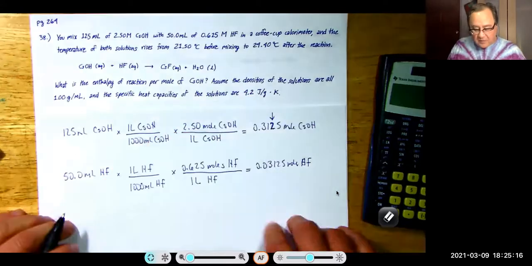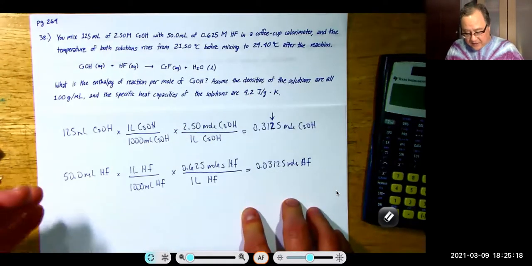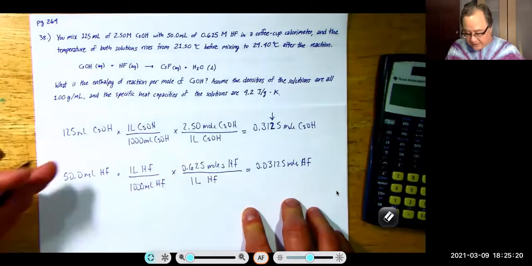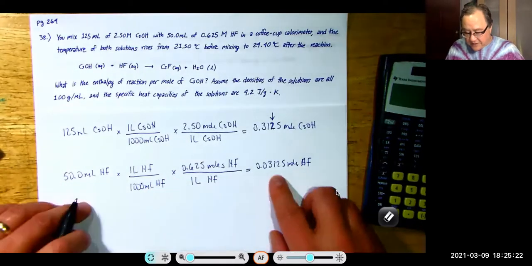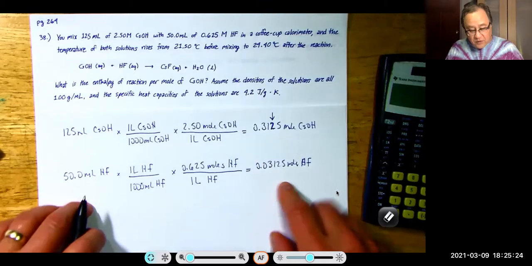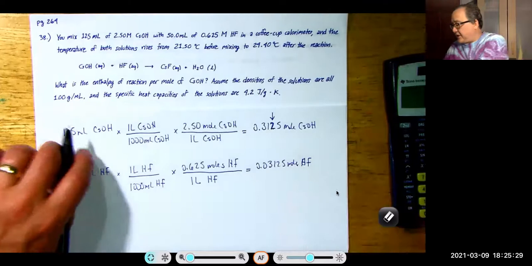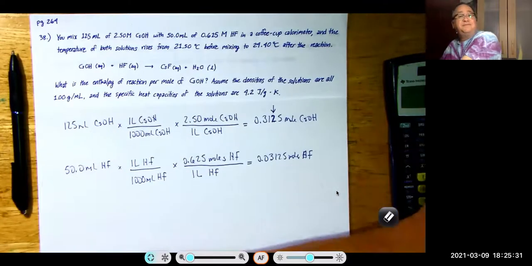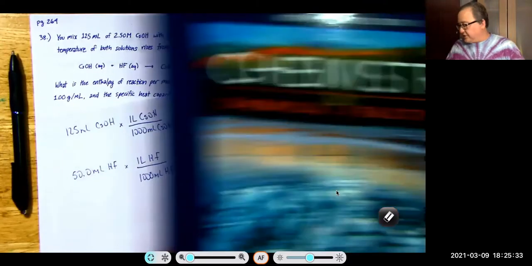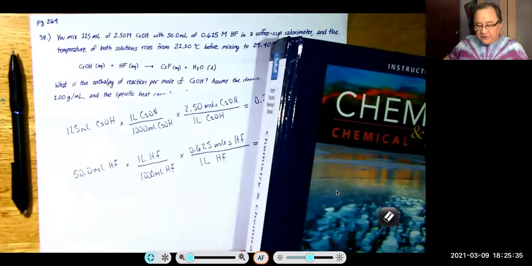Now, when I look at a problem like this and I see the big differences between the amounts that are being used, it makes me wonder if this problem was written correctly. So let's take a quick look in the book and find out. So this is number 38 on page 264. It's easy to find it.